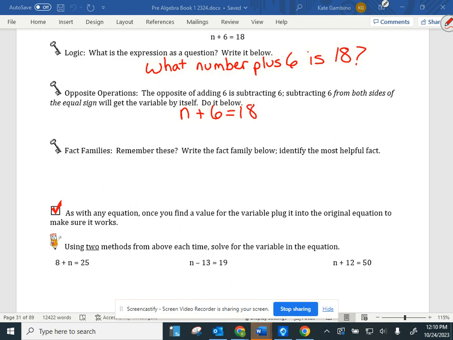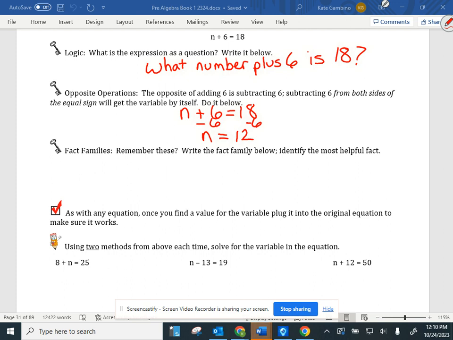Because we added 6, we're going to subtract 6 from both sides. So 6 minus 6 is 0. I don't have to say n plus 0, because 0 plus anything is going to be that number. So it just becomes n equals, and then 18 minus 6 is 12.